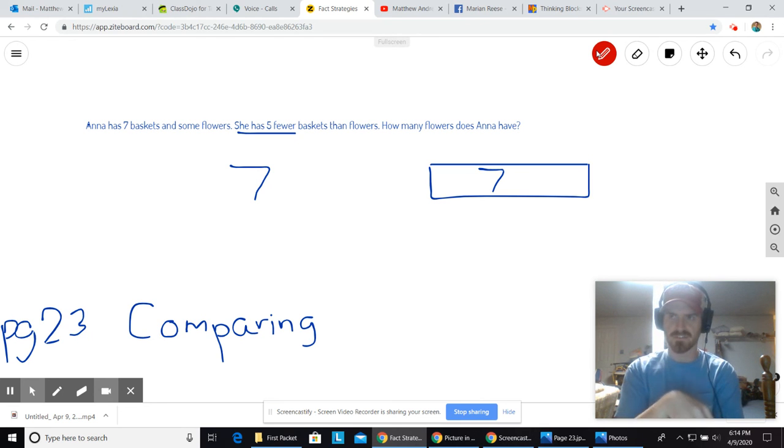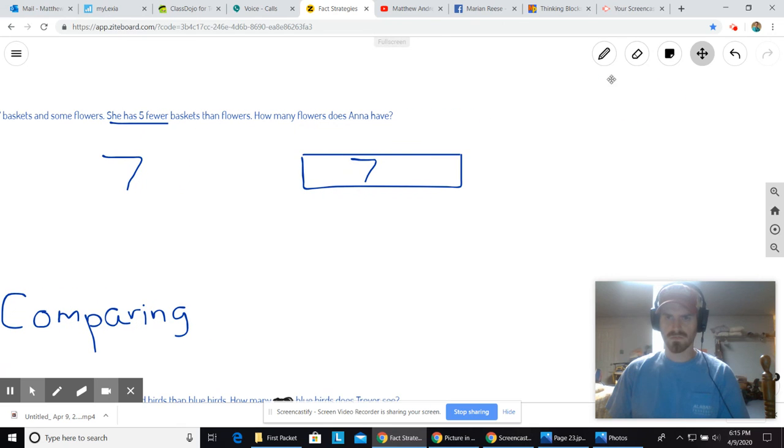Maybe if I take that 5 and I add it to the 7, maybe we'll know how many flowers she has. So let's try that. I'm going to add on 5. This rectangle is going to be a little bit shorter than 7 because 5 is smaller than 7. I'm going to make it a little bit bigger though. About right there.